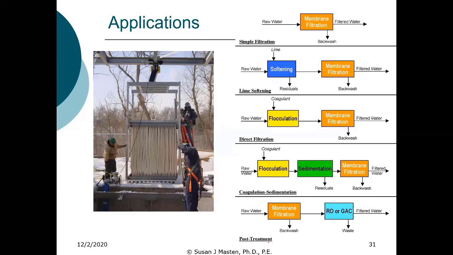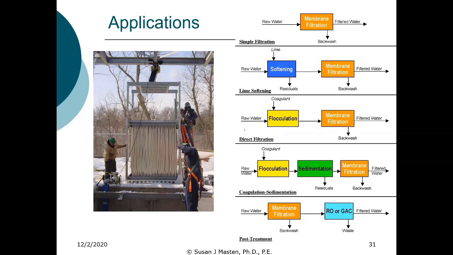In the second one, you have a softening step first, and then a membrane filter for further softening. This here is a direct filtration system. You're applying some coagulant, you've got some flocculation. Notice there isn't sedimentation.